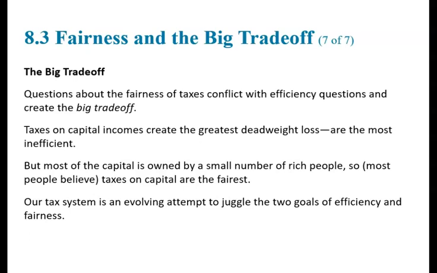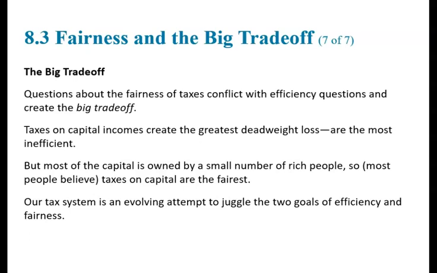So take the example of the tax on capital. As shown by the graph earlier in this lecture, the tax on capital incomes creates the greatest deadweight loss, and that is simply because the supply of capital is elastic, is perfectly elastic or close to being perfectly elastic. And when that is the case, all of the burden falls on the firms which are demanding the capital.